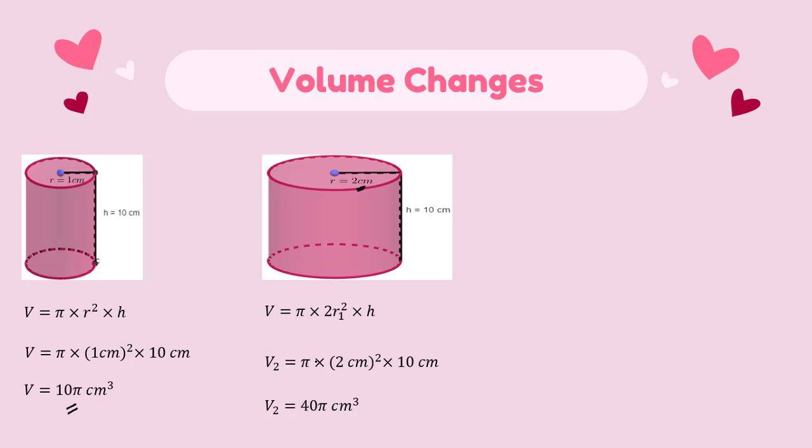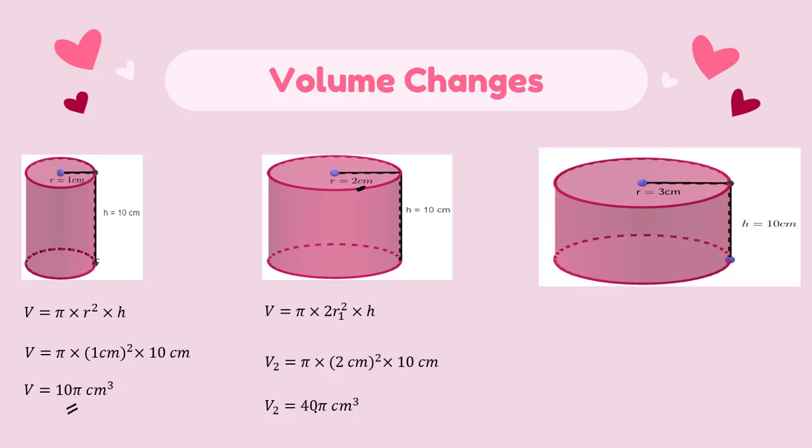And now let's try again to enlarge the radius 3 times longer than the first one. Okay, so the picture will be like this. So we'll get the volume 3 of the cylinder is equal to pi times (3 times r1) squared times h.